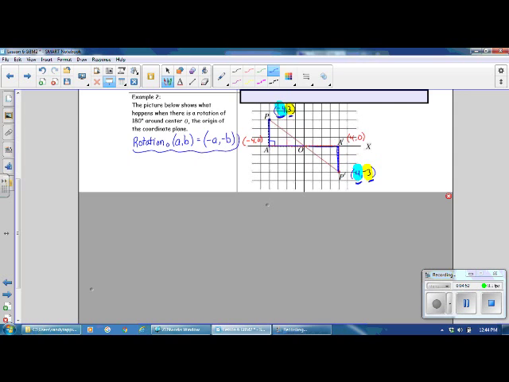And this is an important concept for rotating 180 degrees.